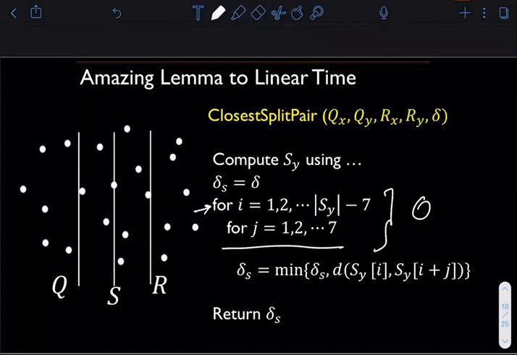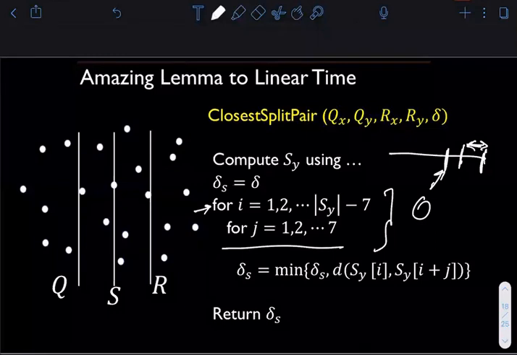Oh, I see your point. Oh, okay. You are absolutely right. Sorry. So I'm checking with this point, but what if the closest pair lies somewhere here? That is what you are saying, right? Yeah. You are right.